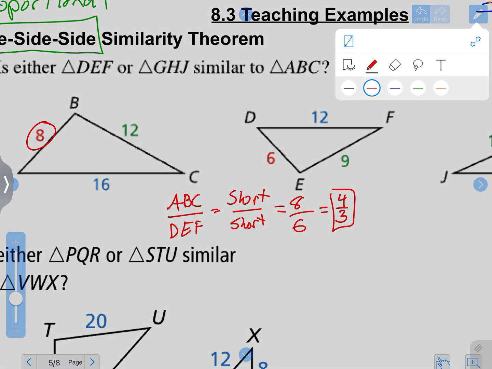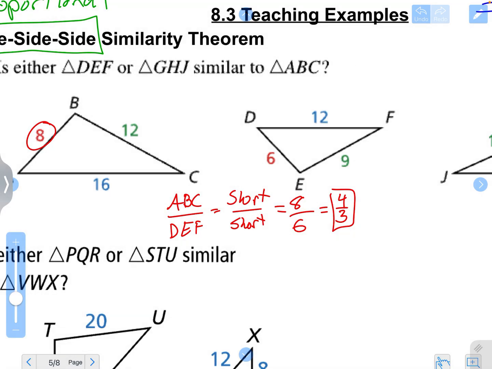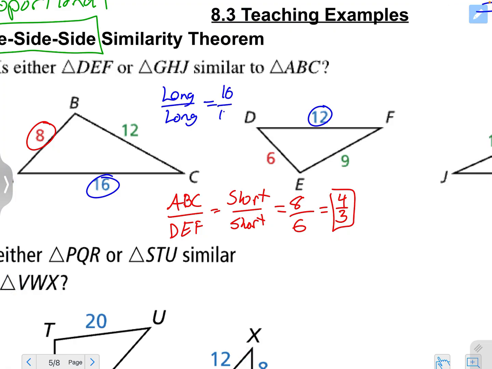Now we've got to check all 3 sets of sides. So I'm going to go long over long, and again I'm going to put ABC on top, which is 16 over 12. If I divide both of those by 4, I get 4/3. So far we are in good shape.